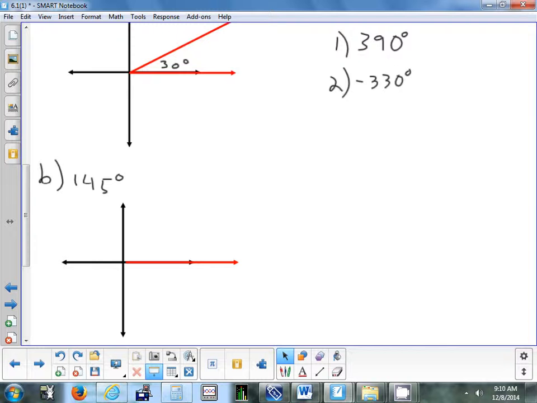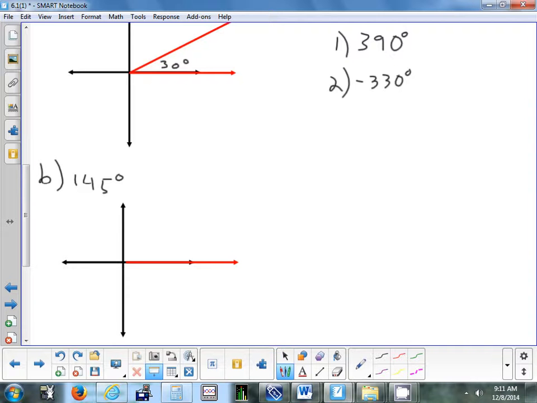Anybody explain where the terminal side is going to be? Oh, Brandon, can you tell me where the terminal side would be? It's going to be in quadrant 2. Okay. To be a little bit more specific, is it going to be at the halfway point, more than half or less than half? Less than half? All right, let's think about it.